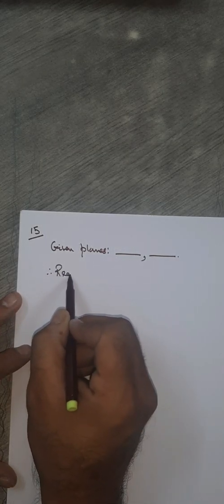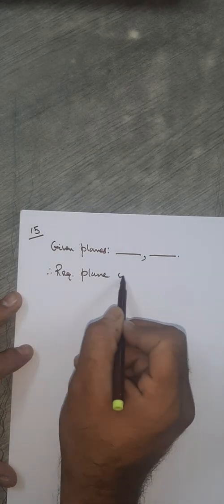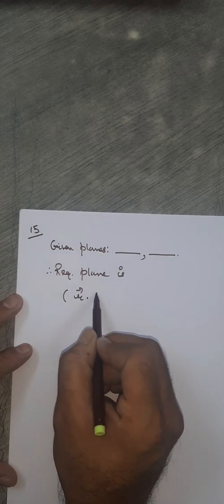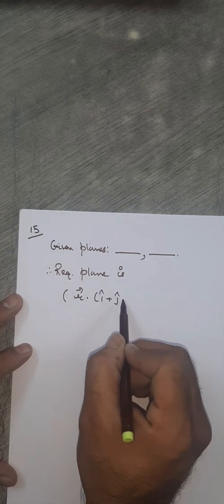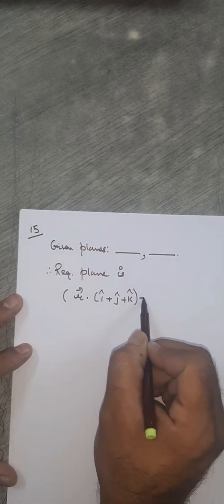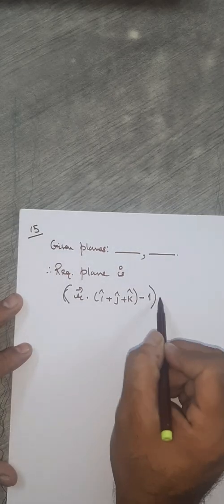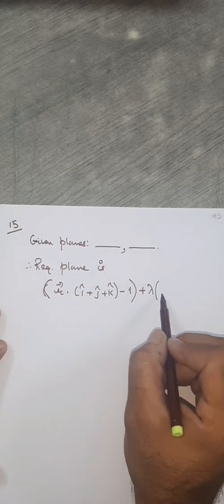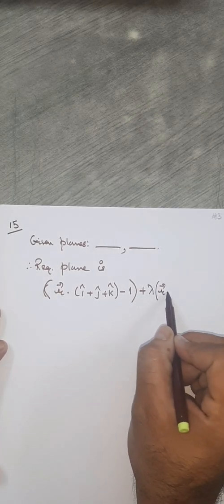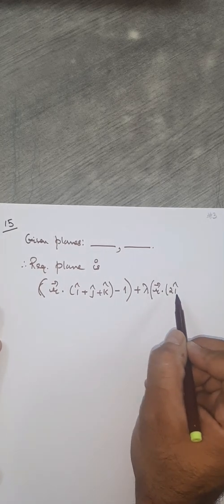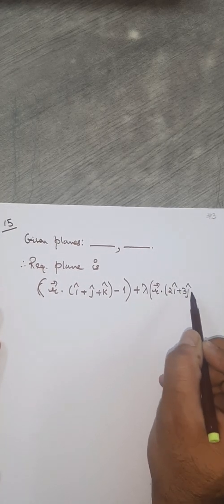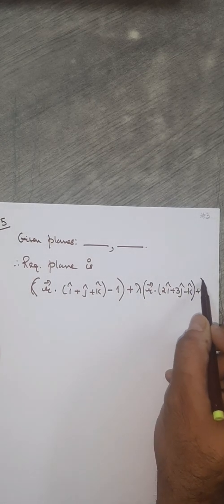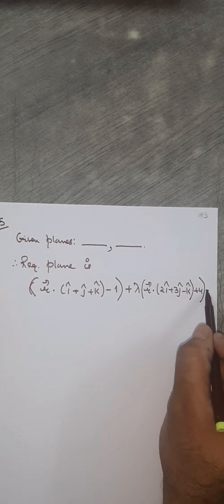Therefore the required plane is given by one plane, vector r dot i cap plus j cap plus k cap minus 1, plus lambda into the other plane, vector r dot 2i cap plus 3j cap minus k cap plus 4, equals 0.